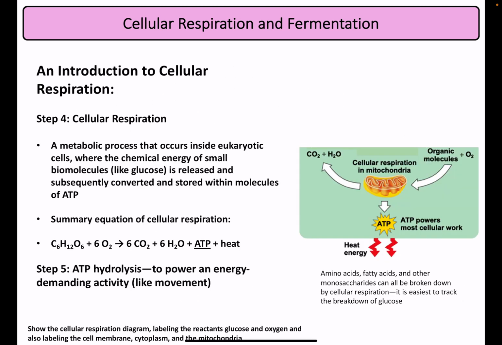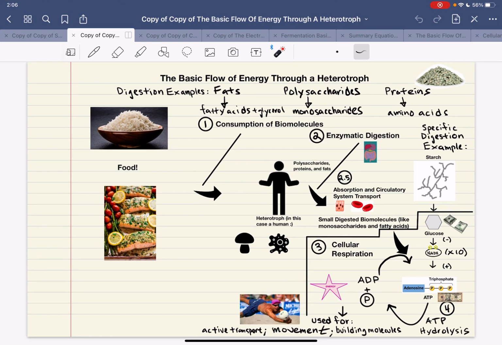And then I had a little blurb at the bottom that said to go back to this diagram and point out some of the things that I've added. And I actually already referred to them. I just gave you examples of digestion. This really nicely summarizes all of your digestion.